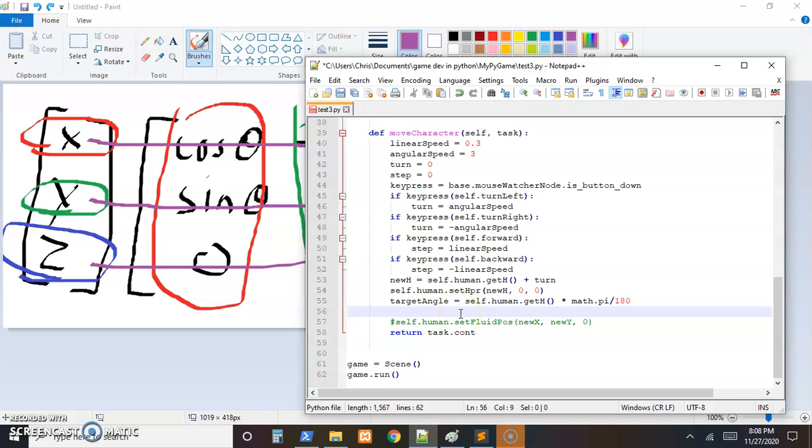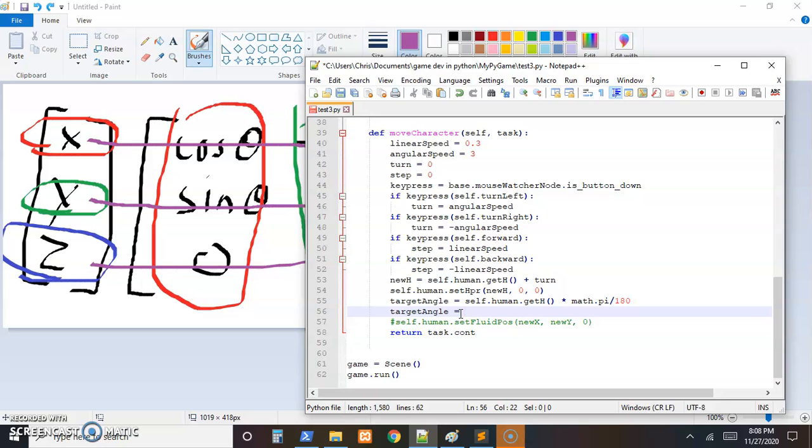If you're not familiar enough with linear algebra to have followed that, you can just copy this formula for 3D rotation of a 3D vector about an angle. We want to split that up into two components because we're only moving in the x and y, and we're rotating about the z, so the z is not changing.